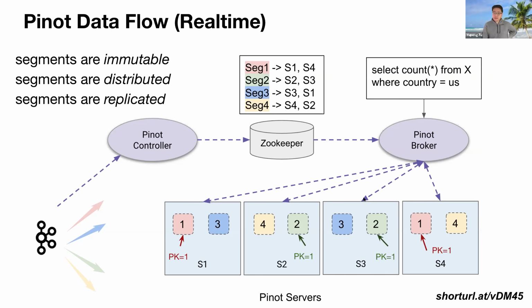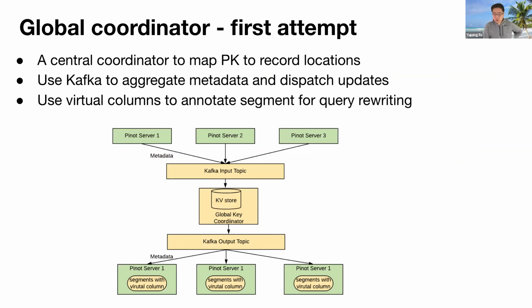To address this fundamental challenge, we had a very first attempt almost 2 years ago, where we tried to build a central coordinator to establish this information. You can see in this architecture that we collect the information from each server, particularly metadata like the primary key, and aggregate it into one Kafka topic. This is an internal topic to Pinot.